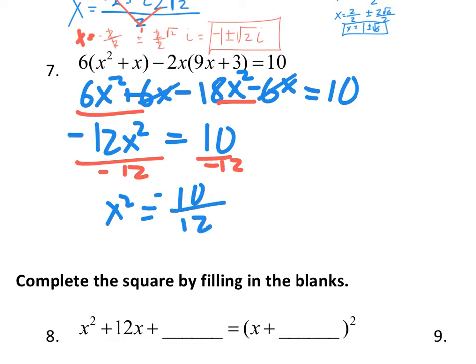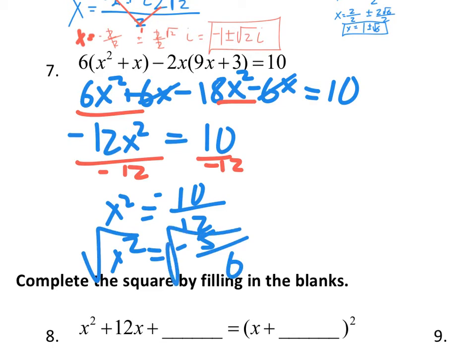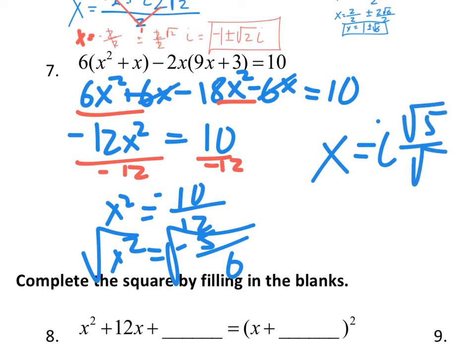Okay, or x squared equals negative 5/6, square root. All right, and it is a negative, so we're going to have an i in the end. Okay, we've got an i square root of 5 over the square root of 6. We don't want to leave that square root of 6 on the bottom, so let's rationalize the denominator here.